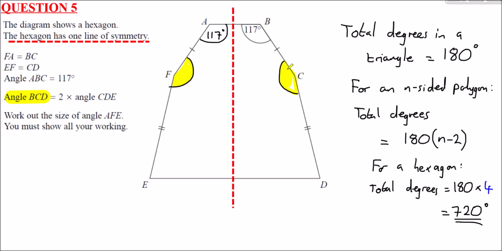We're told it's 2 times angle CDE. My suggestion is we're going to call angle CDE angle X. It's some angle we don't know, so let's just call it X, because, well, lots of things in algebra if we don't know, we just give them the letter X. So I'm going to call CDE, the angle at D, I'm going to call that X, and by symmetry, this angle here at E will be the same.